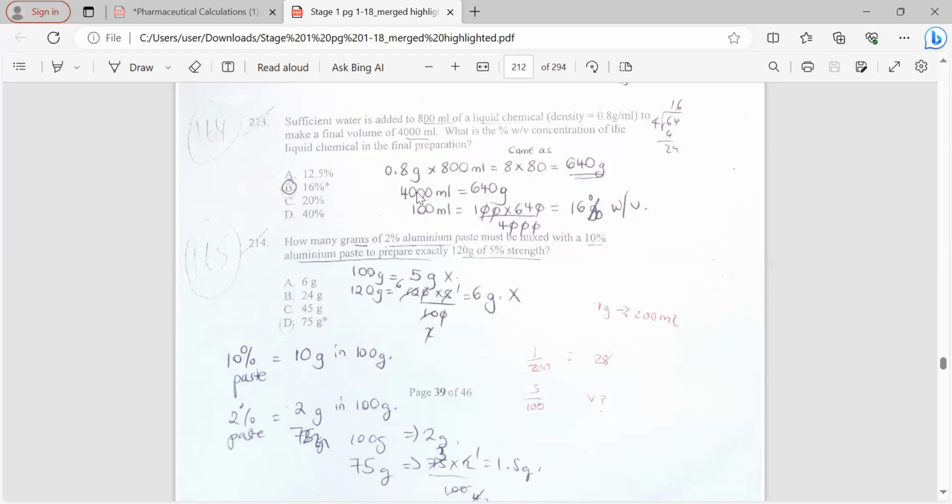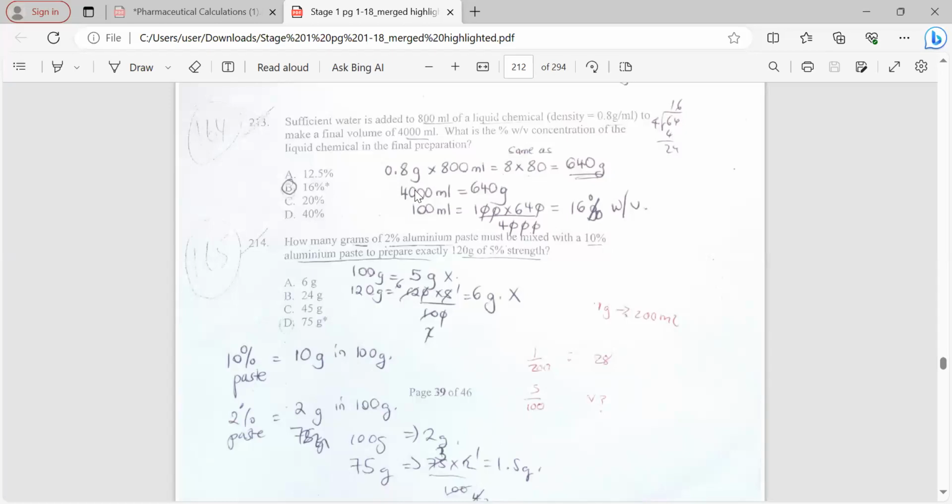800 ml is in 4,000 ml. So 100 ml will have 20 ml of the liquid chemical.